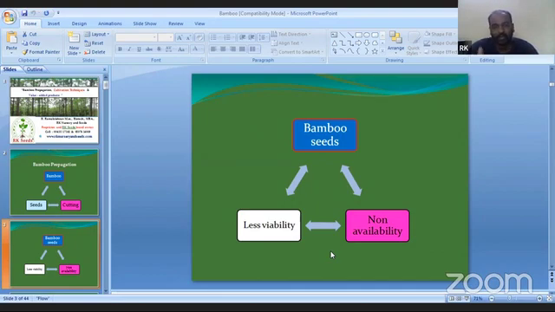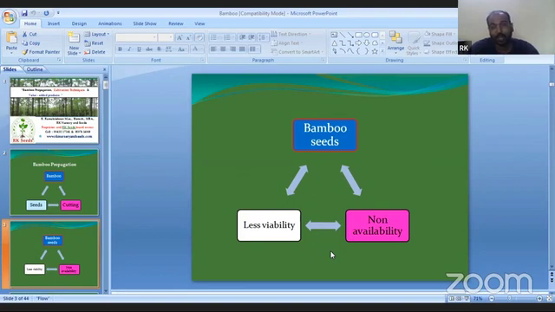Tamil Nadu has seeds at one time, and it depends on when the rain comes in different places and seasons. Some seeds are possible throughout the year. Suppose for one species, seeds available today in Tamil Nadu are available next month in Karnataka, and the next month in MP. That is possible, but not with bamboo.